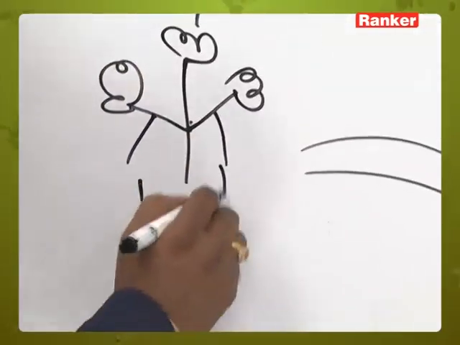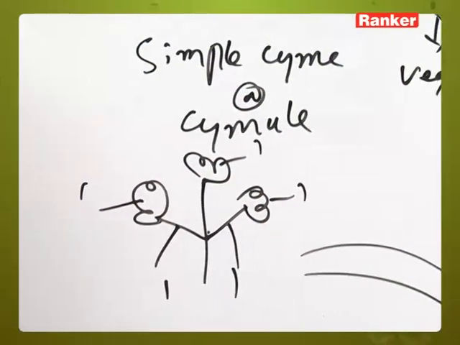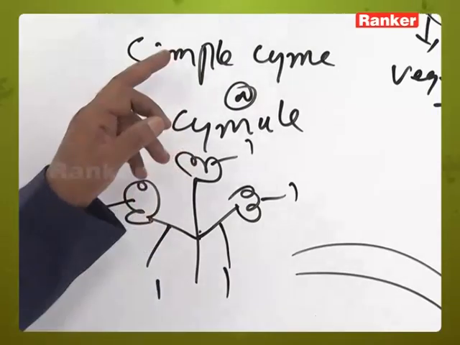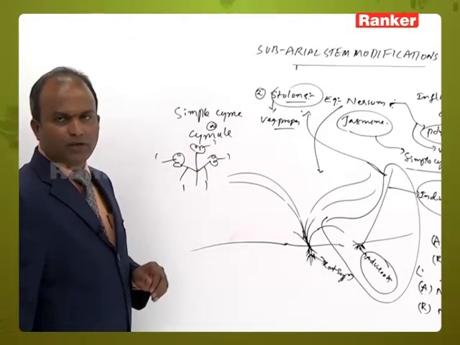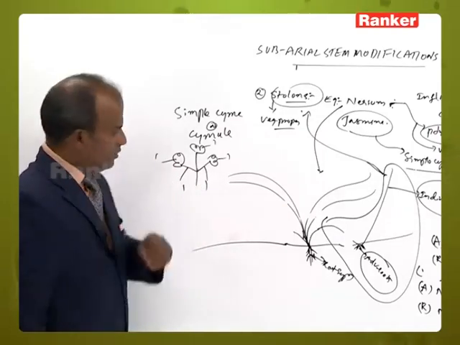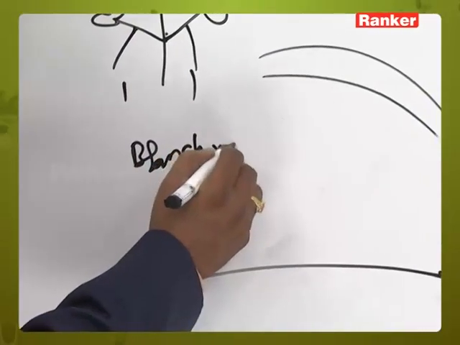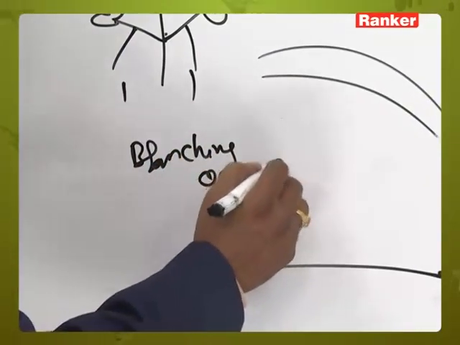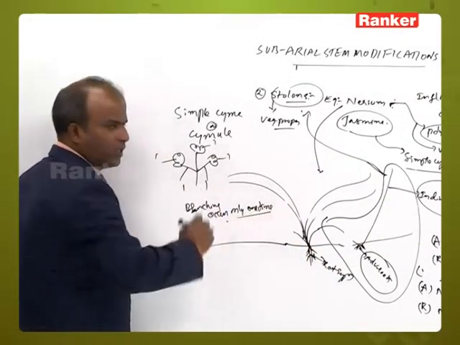It shows two branches and three flowers. Here, branching occurs only one time.